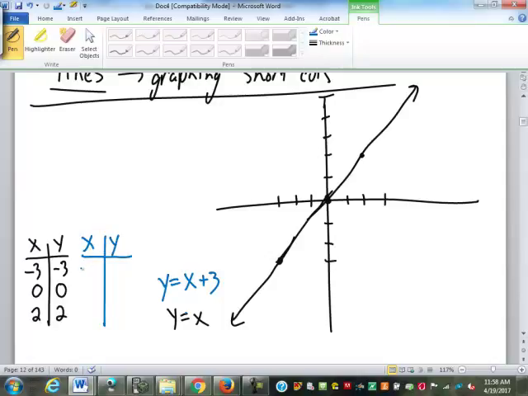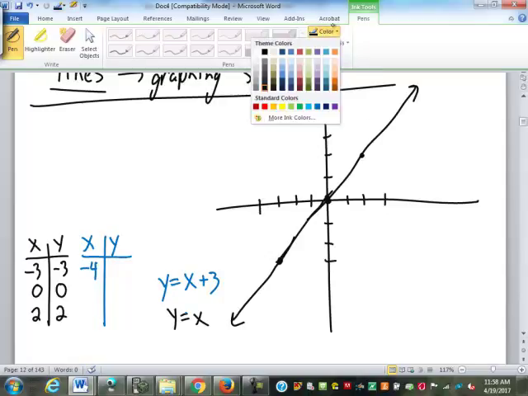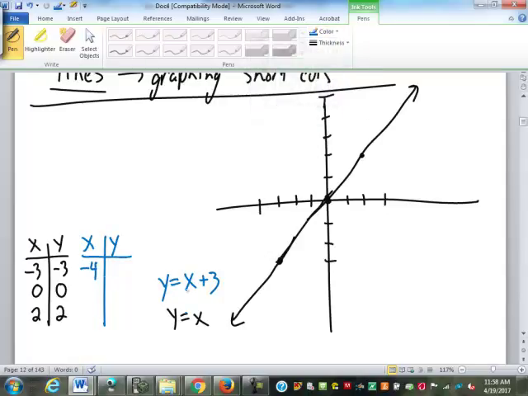If x is negative 4, what's y have to be? Well, what's negative 4 plus 3? Negative 1, perfect. So we got the ordered pair negative 4, negative 1.